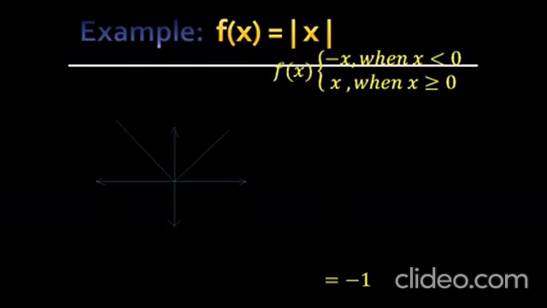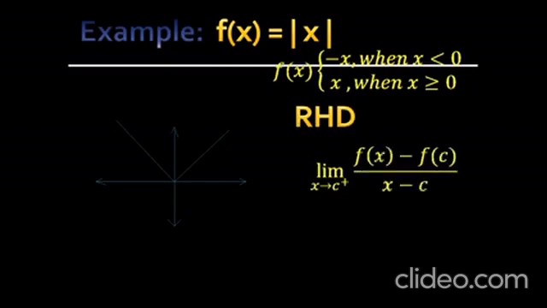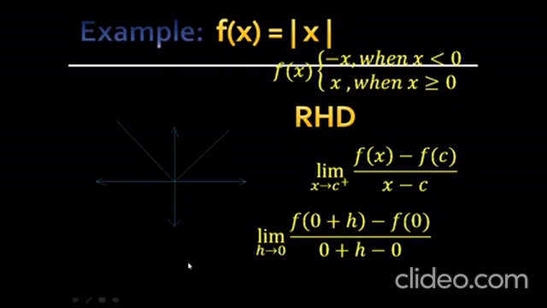Now we need to find the right hand differentiability. For this, we apply the formula limit x tends to c plus, f(x) minus f(c) upon x minus c, and after applying it, we can write limit h tends to 0, f(0 plus h) minus f(0) upon 0 plus h minus 0.